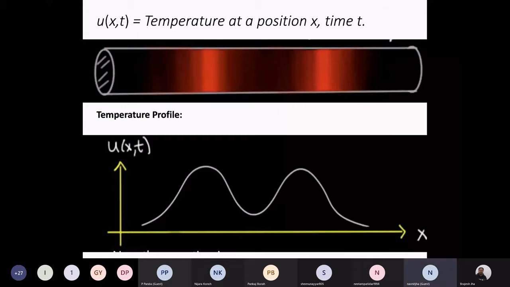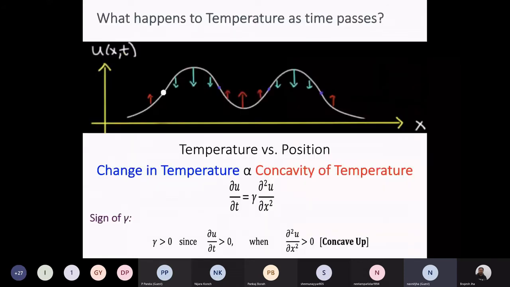Next, now we'll analyze it through concavity and concave graphs. So in this temperature profile, what is happening is that the change in temperature is directly proportional to the concavity of the temperature. Change in temperature is del u by del t, and concavity of temperature is del 2u by del x square.